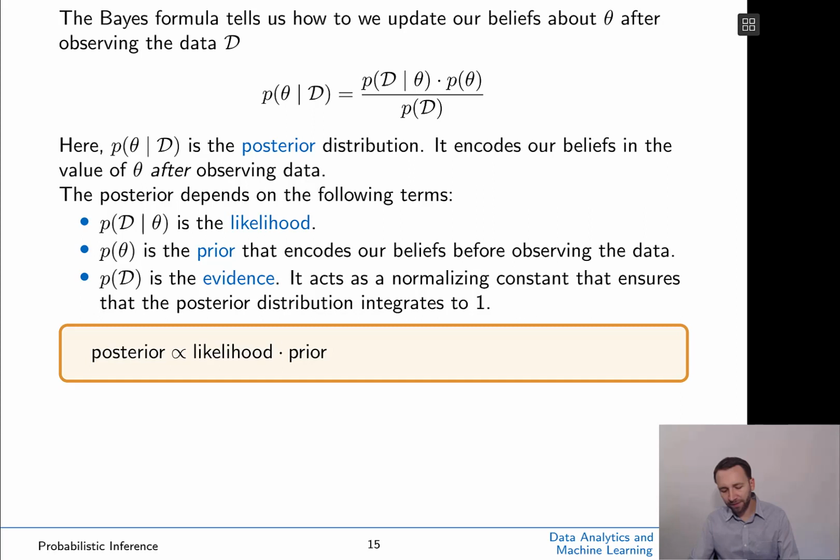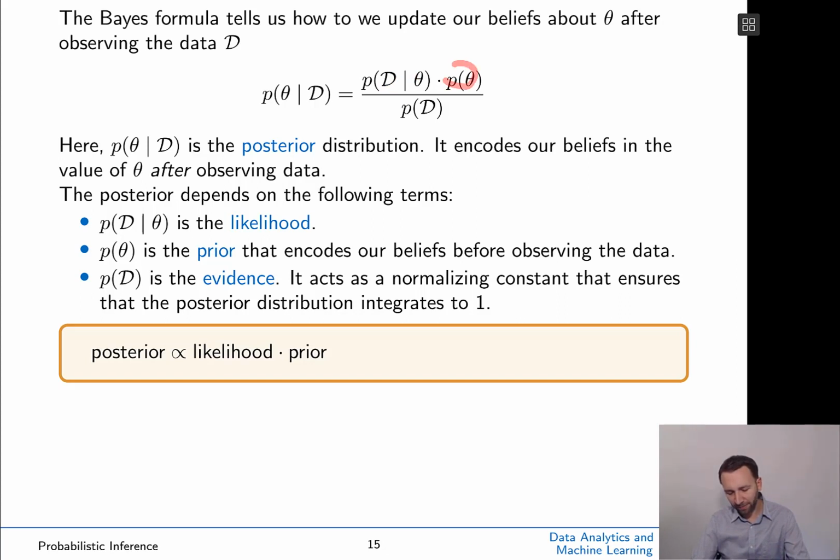And we have to divide this by the so-called evidence, which is usually a constant term that acts like a normalization constant to make sure that this becomes a proper probability distribution. So one more time: we have the likelihood term, which is what we have seen so far. The parameter is, so to say, fixed, and we check how likely is then the data given this parameter.